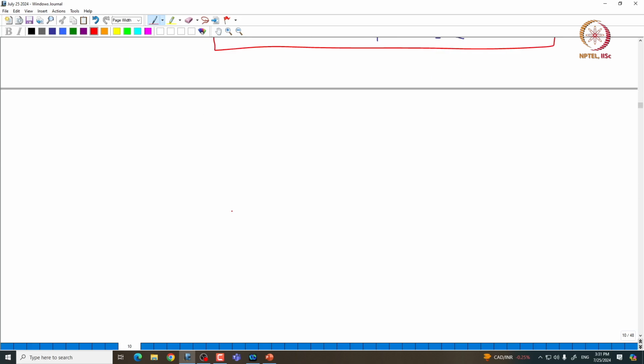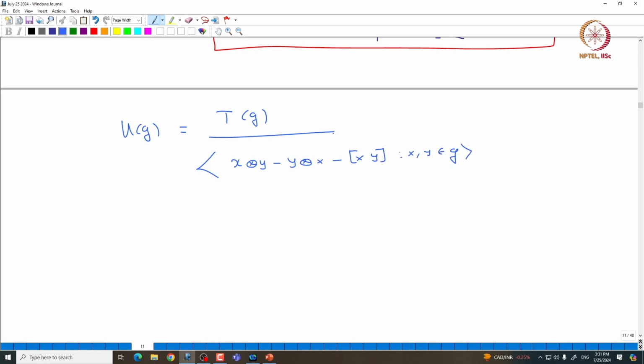But if you take general G, then recall what UG is. UG by definition, you take T of G, go modulo the two sided ideal generated by x tensor y minus y tensor x minus the bracket [x,y], where x and y come from G. Okay.